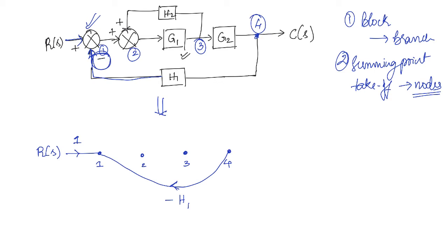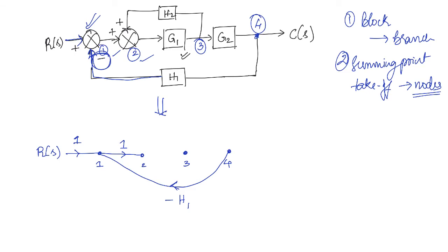Now between the summing points 1 and 2, you don't have any block, so you can simply connect them by a branch of gain 1. Whenever there are two summing points, or one summing point and one takeoff point, or two takeoff points consecutively, then you can simply connect them by means of a branch of gain 1.